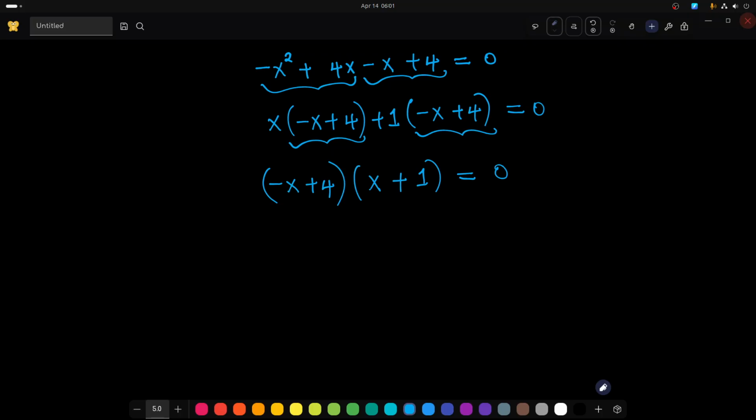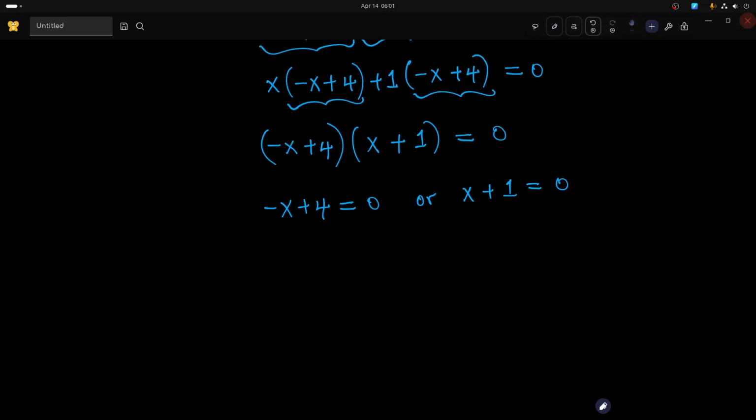Now when you have two terms which when multiplied give you 0, it means that either one of them is 0 or both of them are 0. So in this case, we are just going to say negative x plus 4 is equal to 0, or x plus 1 is equal to 0.